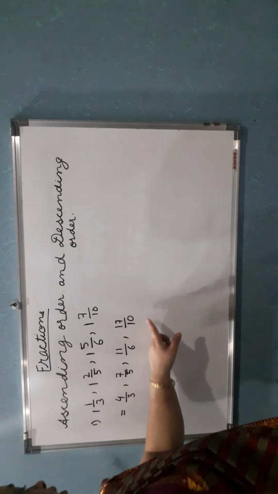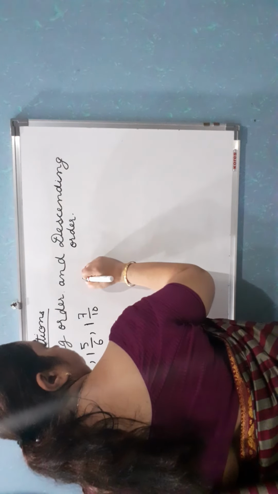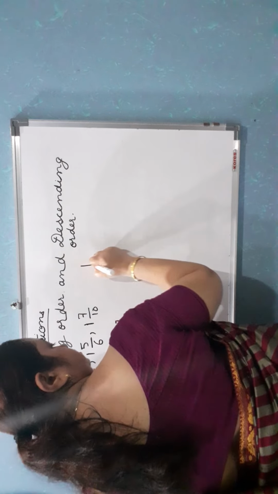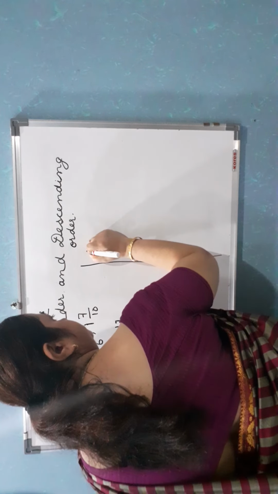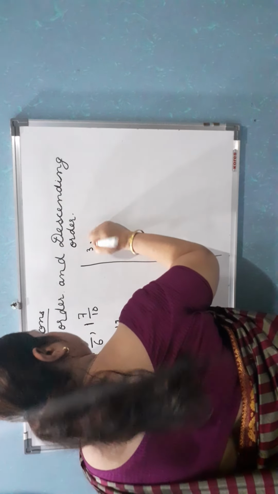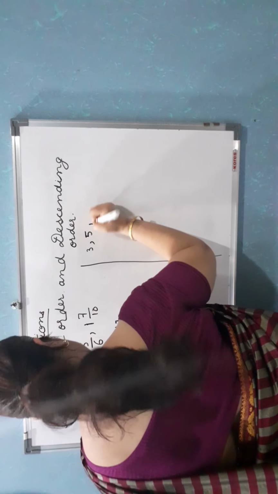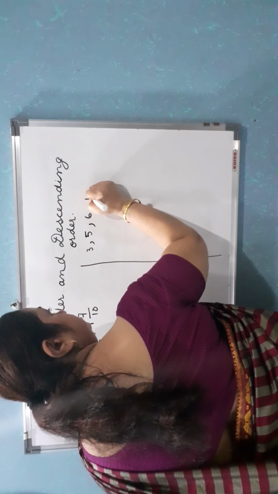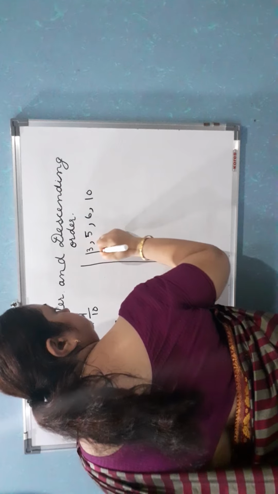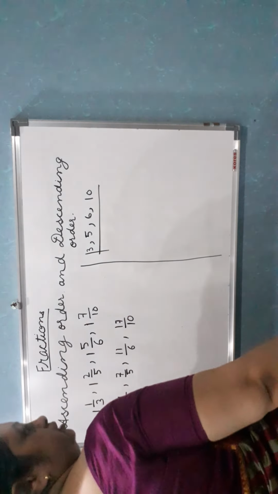Now you find out the LCM of all the denominators. Now look here. You have to just find the LCM here: 3, 5, 6 and 10. This is by the common division method.